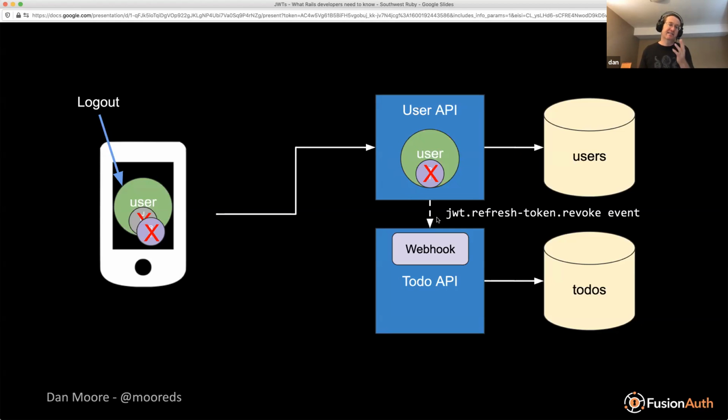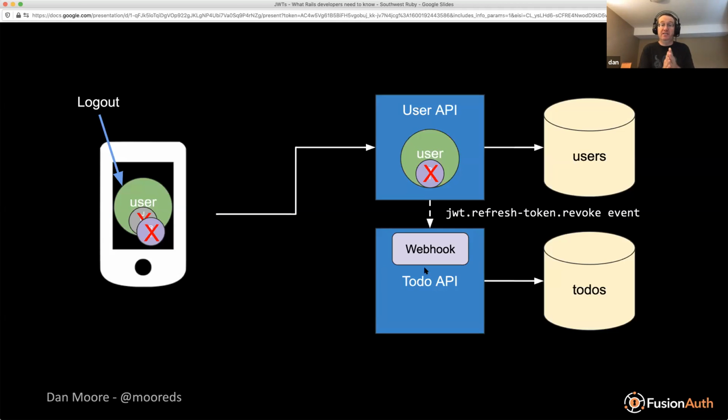That means the To-Do API can now cache a list of users for which their refresh token was revoked, which basically means users who have logged out. So this counters the whole stateless nature of JWT, and you need to make sure that this is a trade-off that you want to make.